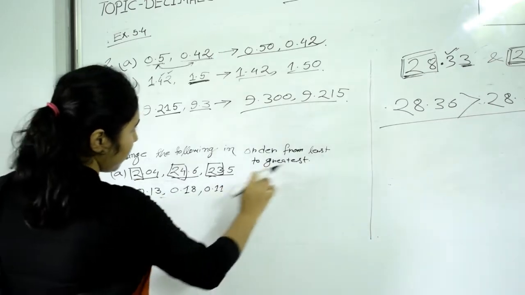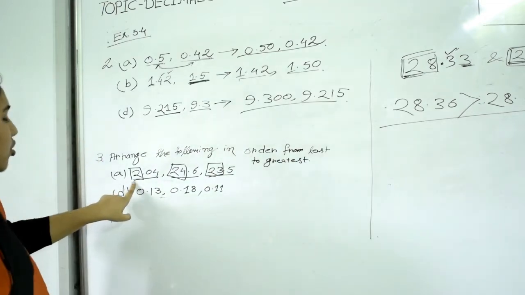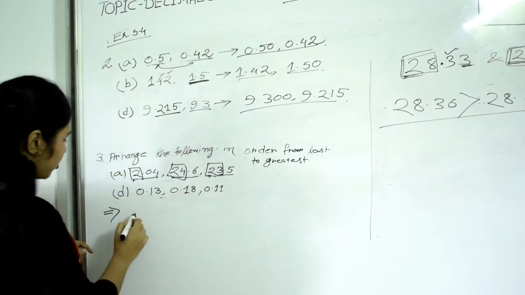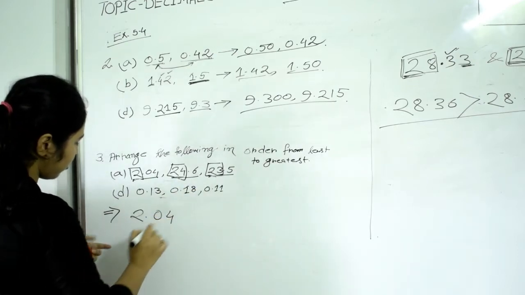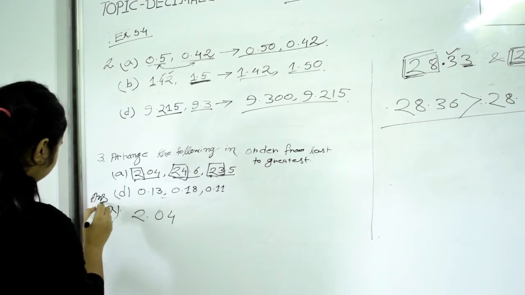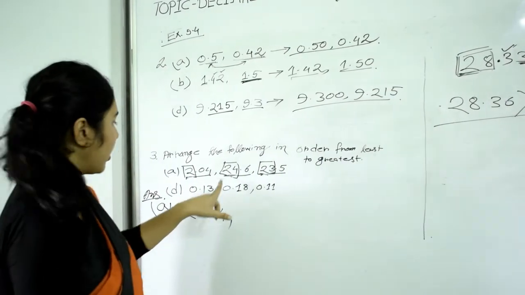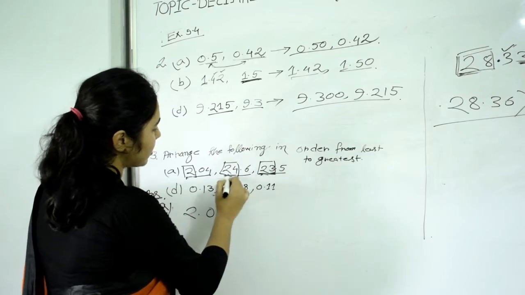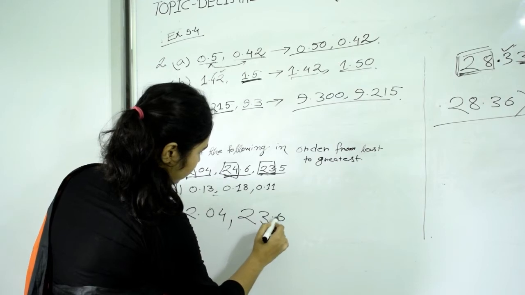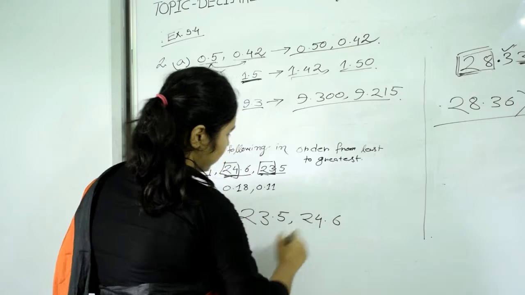So we have to arrange these numbers from least to greatest, which means 2 is less than 24 and 23. So first write, this is the answer of question A, 2.04. Next 23 is less than 24, right? So next write 23.5 and after that 24.6.